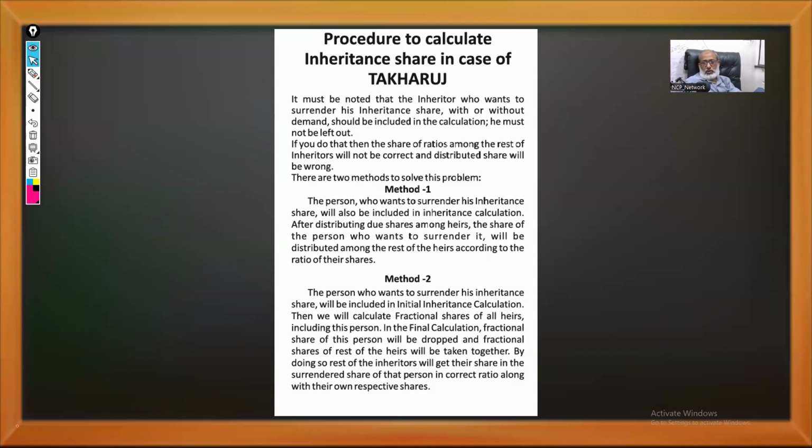If we ignore the person who wants to leave or surrender his share, then the rest of the inheritors' shares will be disturbed. That we will see in the calculation. So we have mentioned here two methods, and with both methods, we will resolve this case.